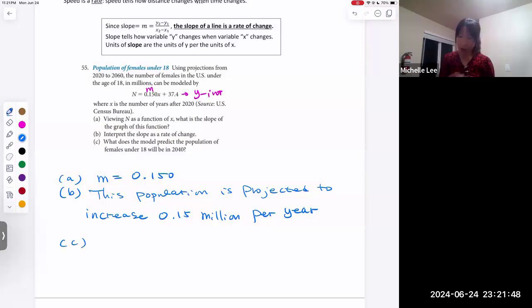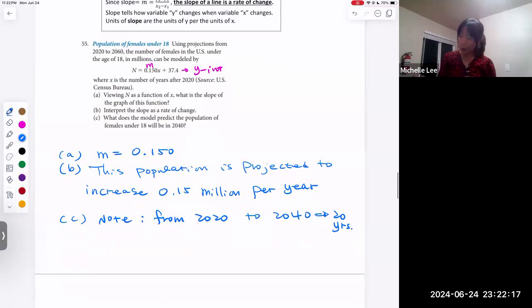Okay, C: what does the model predict the population of females under 18 will be in 2040? Note they start at 2020, so from 2020 to 2040 the difference is 20, that is 20 years. So that is the x.